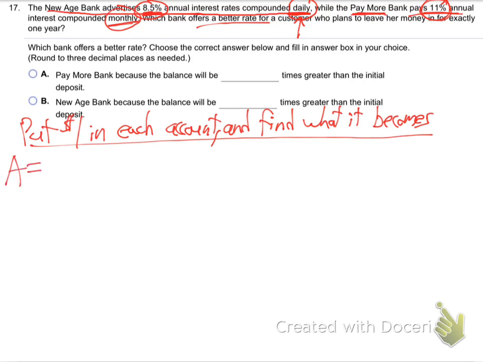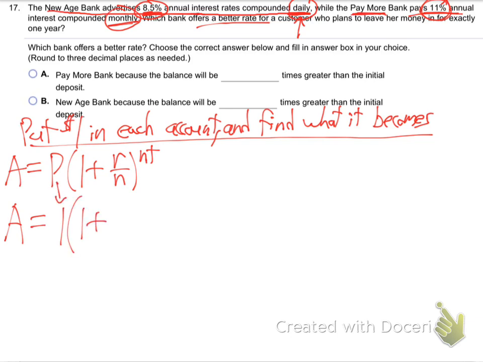So here we go. A is P, 1 plus R over N to the NT. So for the first account, I'm going to put in $1. The principal is $1. Find out what happens to $1 in each account. The rate is 8.5%, so you have to move the decimal back 2 places. 0.085 over N. What is N? Now they're compounding daily. N is 365.